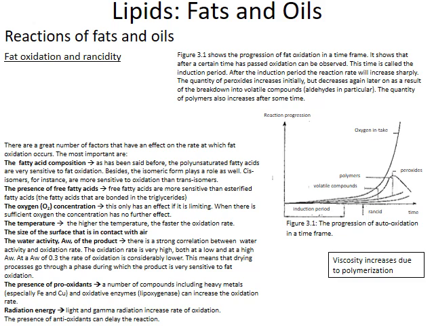Now, what is influencing the oxidation rate? First of all, the composition of the fatty acids present. Polyunsaturated cis fatty acids are very sensitive to oxidation. Also, the presence of free fatty acids.